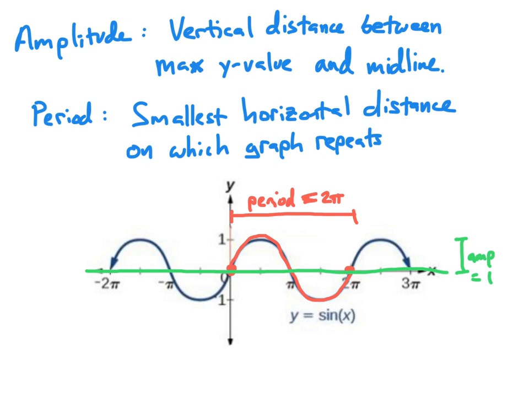The cosine graph also bounces between -1 and 1, meaning the midline is the x-axis and the vertical distance between the max height and the x-axis will be 1, just like it is for this graph. When we have a more general sinusoidal curve, the values of the numbers a and b in the formula will actually give us the amplitude and period of that sinusoidal function.